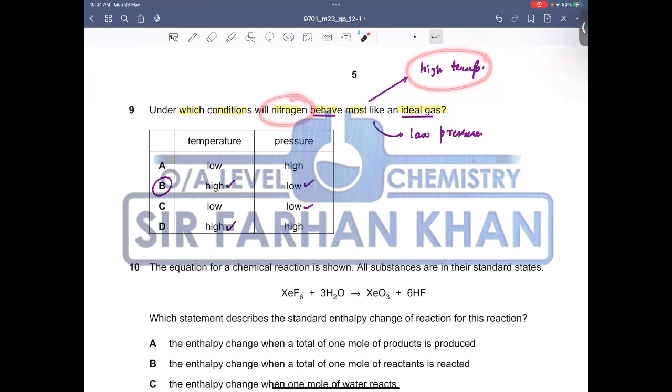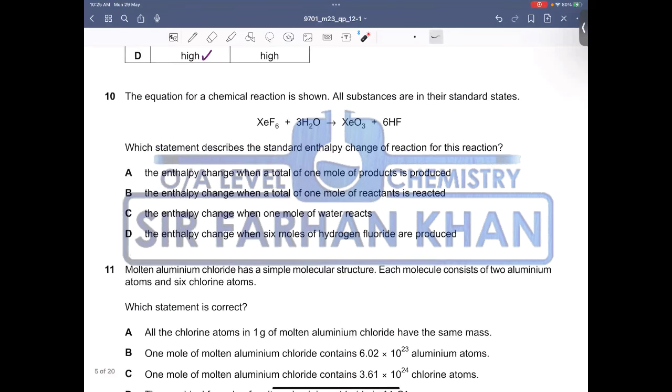Similarly, if we decrease the pressure, obviously gaseous molecules won't compress. The gaseous molecules are very far away from each other, and so they will experience negligible forces. Also, volume was negligible. Hence, this situation also follows the kinetic molecular theory postulate, and therefore B is the right answer.